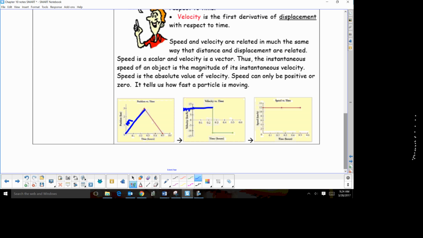Yes? And then this part over here, whatever that slope is, this part. So velocity can be positive and negative. But when I go do my speed, where do I move? That stays there, but where does that green part go? It has to become positive. Okay? Make sense?